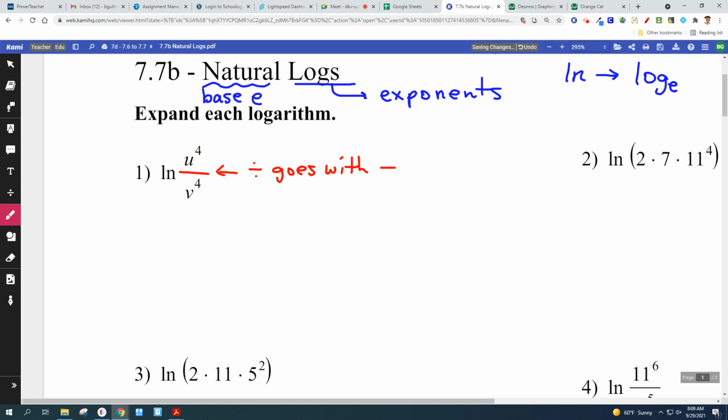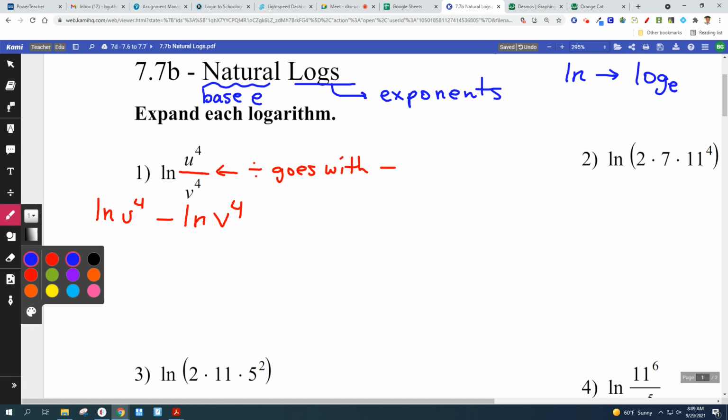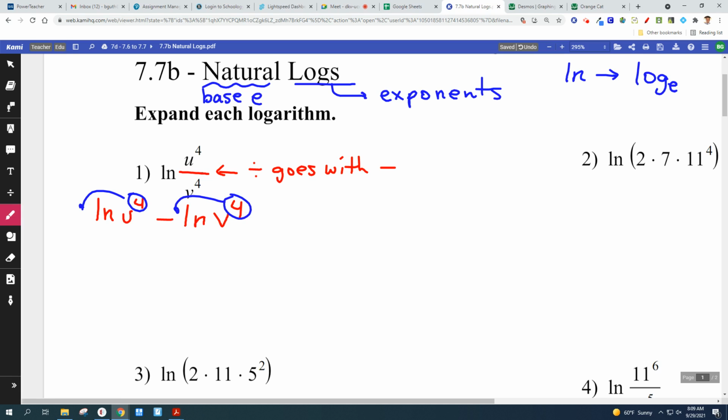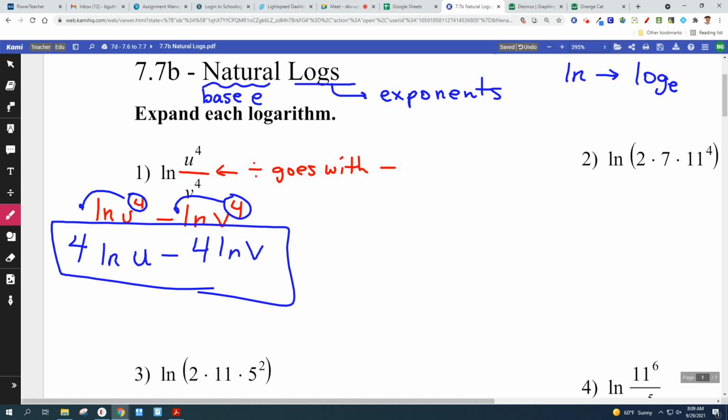So we can expand this, make it bigger, and it's going to look like natural log u to the fourth minus natural log v to the fourth. And you might remember, oh yeah, we did this problem before with other kinds of logs. This exponent, we're going to pull that around to the front. And so my final answer, 4 natural log of u minus 4 natural log of v. Expand.